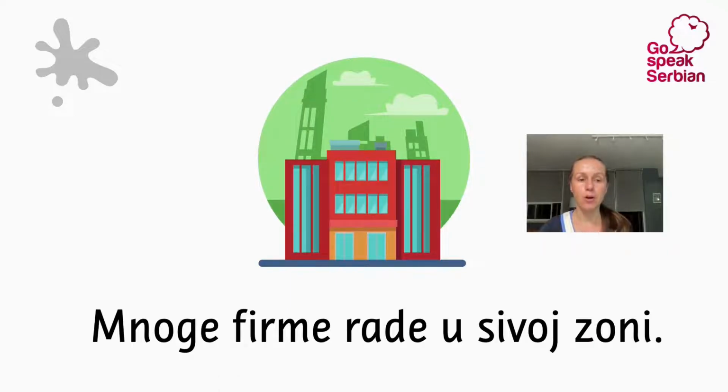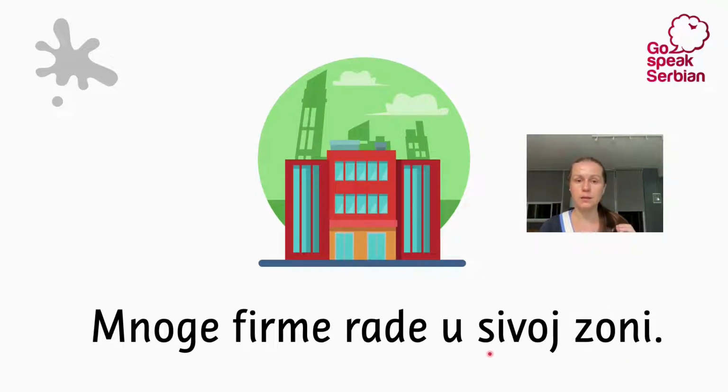Ok, idemo dalje. Vreme je za sivu boju. It's time for gray color. Mnoge firme rade u sivoj zoni. Literal translation of this sentence: many companies work in gray zone or gray area.